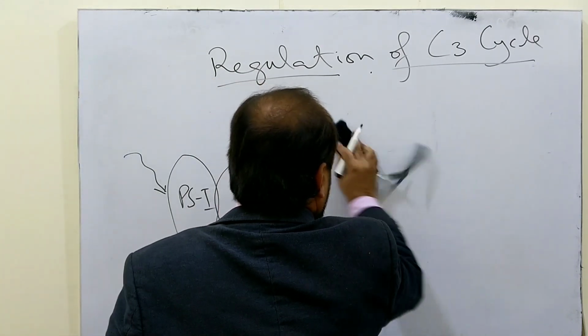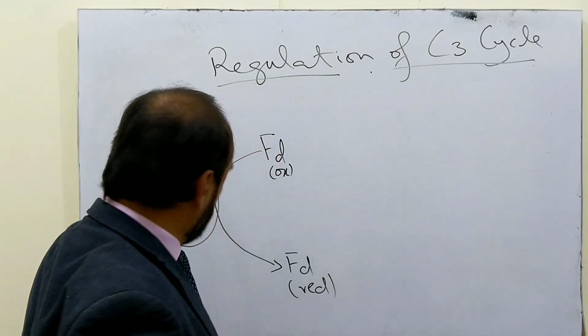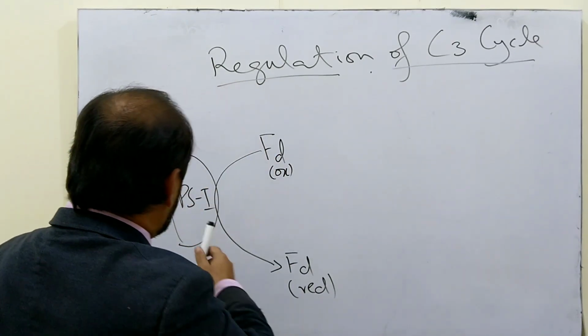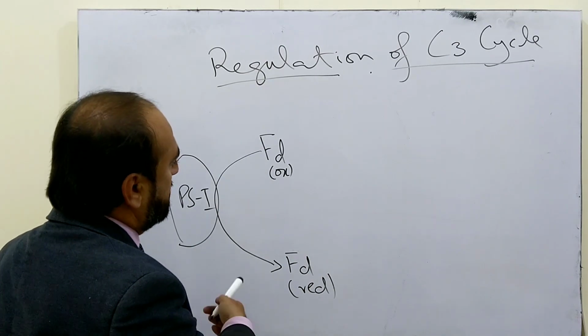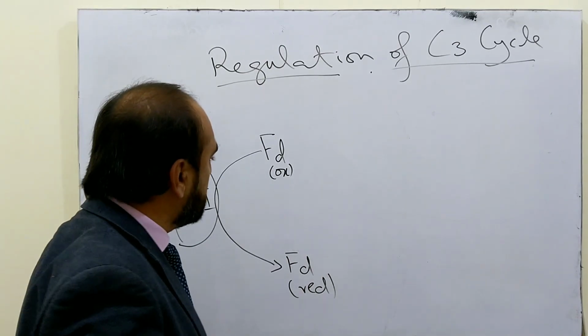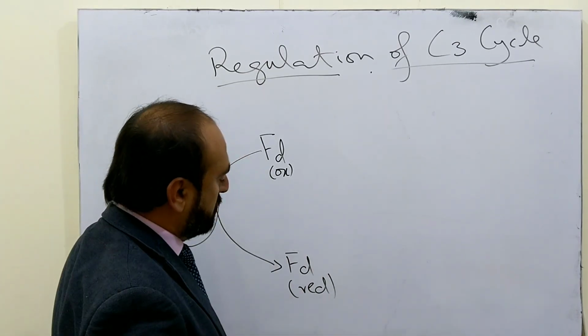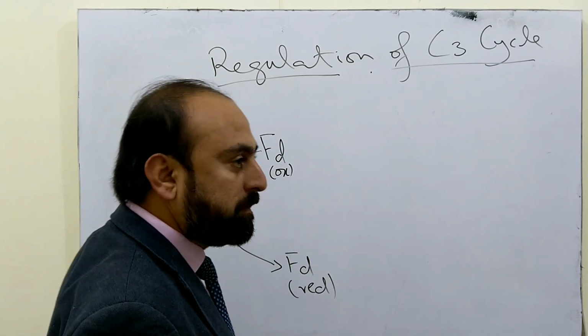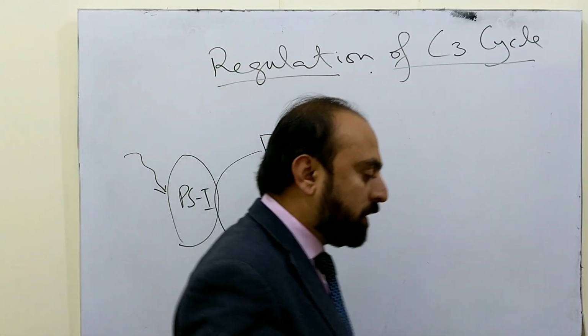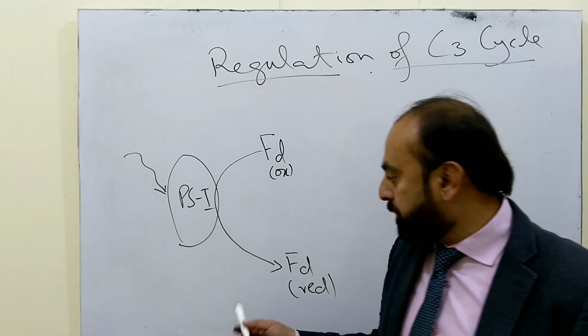So ferredoxin, photosystem 1 on absorbing light transfers its electrons to ferredoxin, that is reduced to ferredoxin reduced form. Ferredoxin is a small iron sulfur protein.